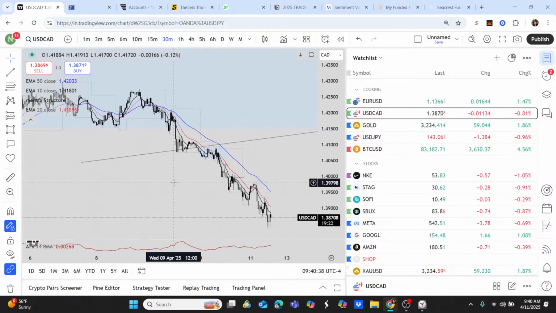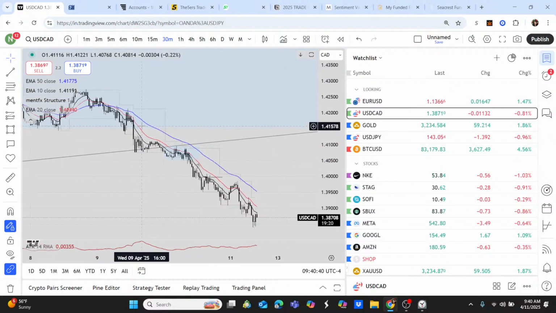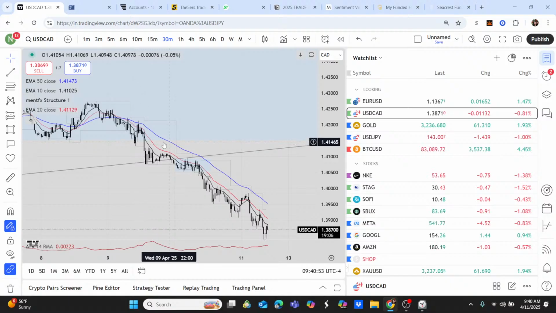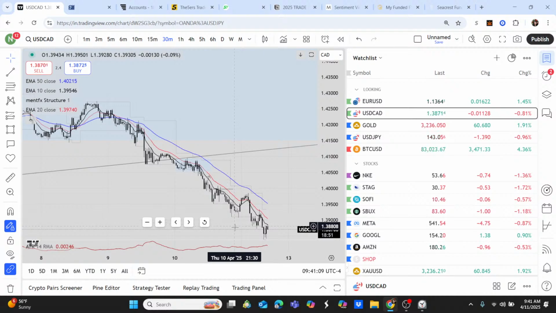So let me see where it is in this move. Because what I see here is we have a nice flush right here. This could be considered the first fractal. The second, consider this the first, second, third, fourth, fifth.